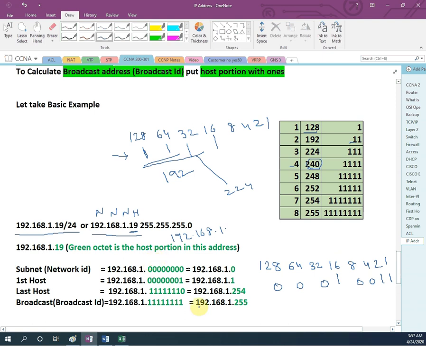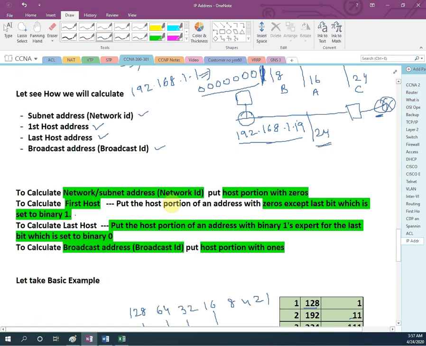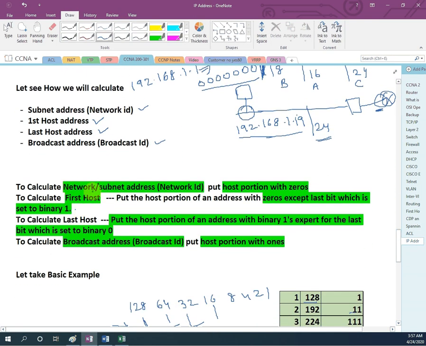So in binary I can write 192.168.1 dot 00010011. After that we need to remember what we have in this point: if we want to calculate the network or subnet address, or network ID, we need to put the host portion as 0.